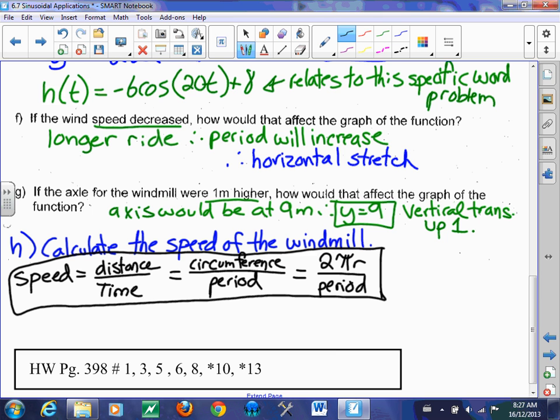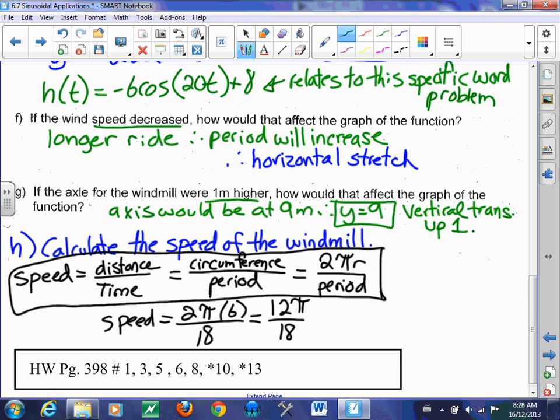Okay. All right, so what do we know in this case? So speed equals 2 pi, what's my r in this case, guys? My radius is 6, divided by my period, which is 18. So it means 12 pi divided by 18.